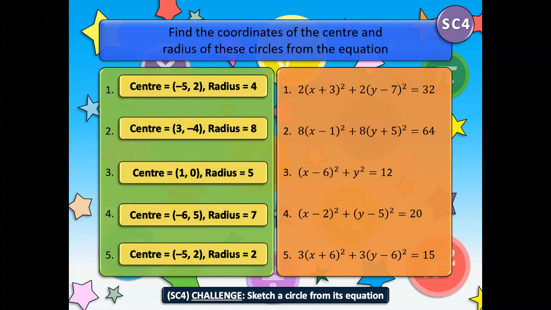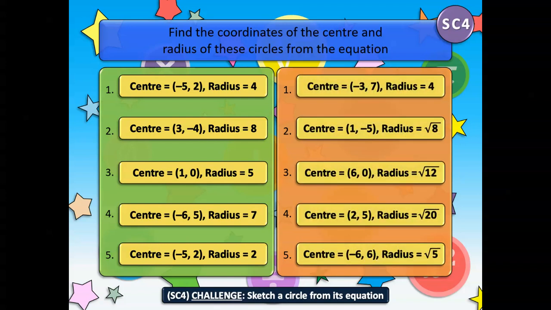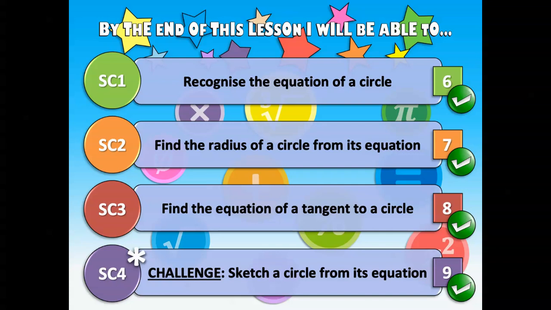So there's your green answers. And there's your amber answers. And now we've completed success criteria 4.